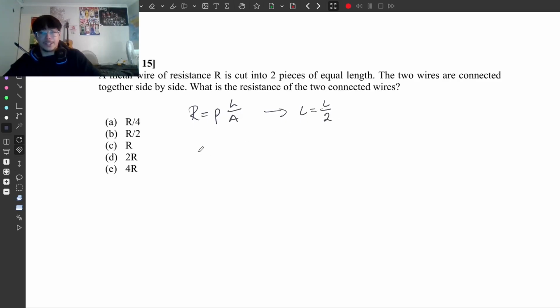So we now have R of 1 and 2 is equal to rho L over 2 on A.